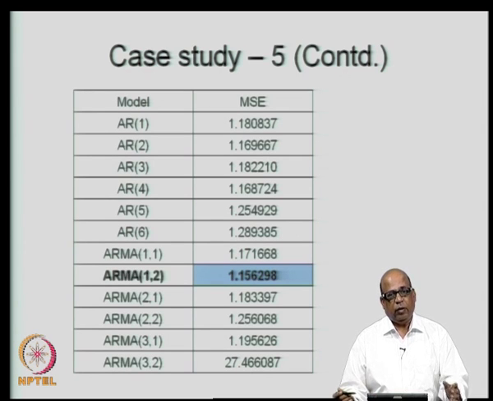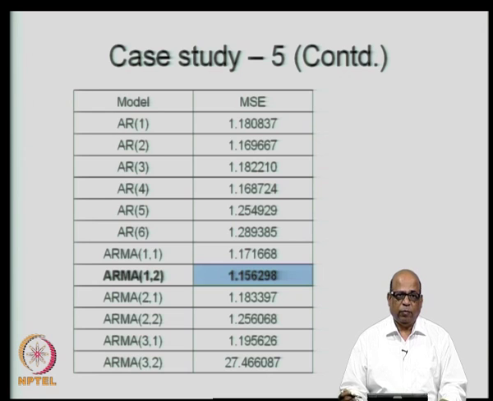Then remember, what we did so far for this case study is for long term synthetic generation of the data. When we are interested in short term one time step ahead forecasting, we use the minimum mean square error criteria. So corresponding to each of these models, we obtain the mean square error and then compare the mean square errors and pick that particular model which has the minimum mean square error.